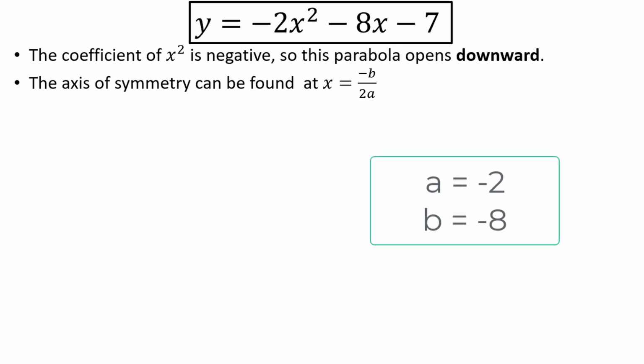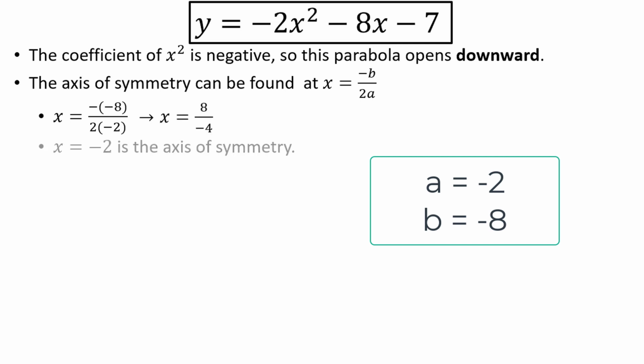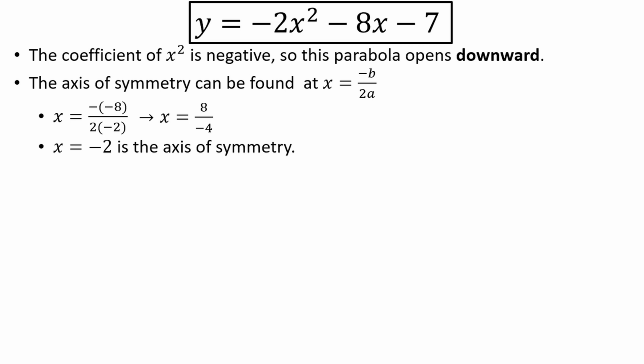In this case, b equals negative 8 and a equals negative 2. Therefore, negative b over 2a is negative 8 divided by 2 times negative 2, which is 8 over negative 4, or just negative 2. That means the equation for the axis of symmetry that cuts the parabola in half will be x equals negative 2.